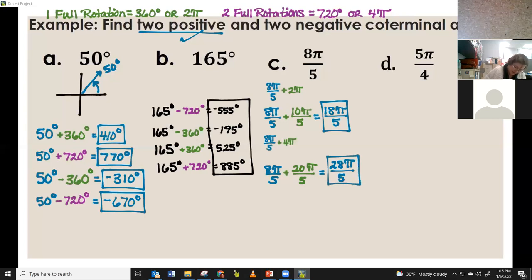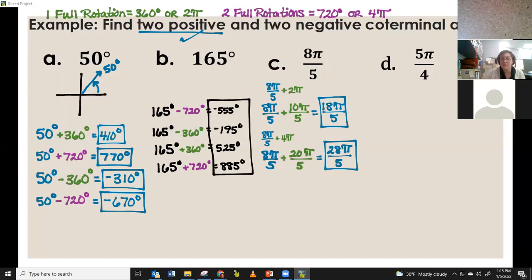How can I find my negative coterminals now? Subtract 2 pi.